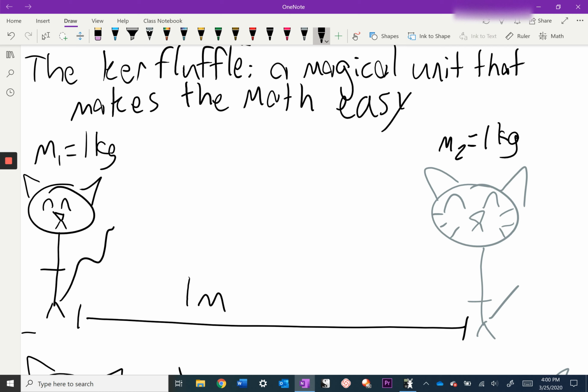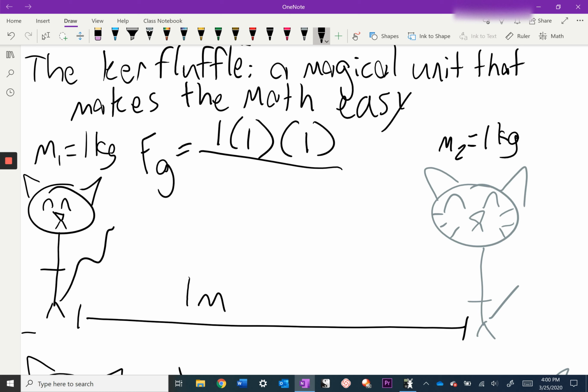What we know is that the force of gravity is equal to big G. Now, big G in kerfluffles is 1. Mass number 1 is 1. Mass number 2 is 1. And our distance between the two is 1.